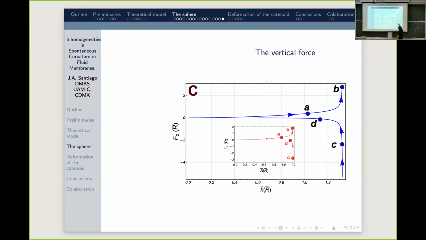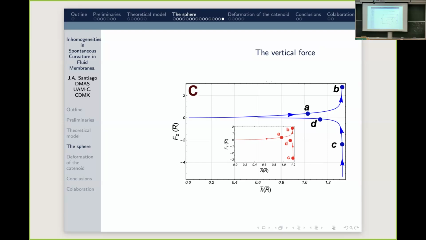Then to obtain the critical catenoid, we can advance in this direction, but the force has to be very, very high, right? And this is the height of the catenoid.